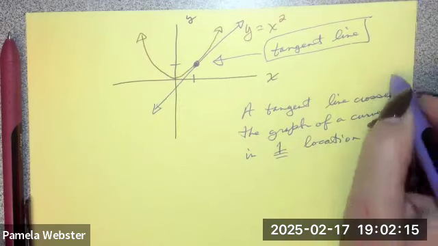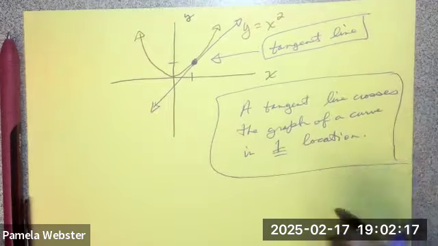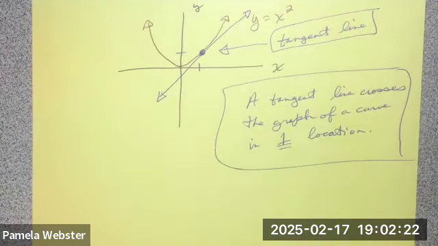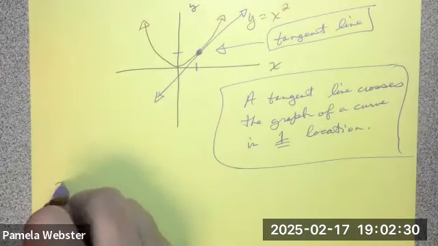Just one spot. It's no longer a secant line. It's only going to graph in one location. So what's that called? That's going to be instant rate of change.